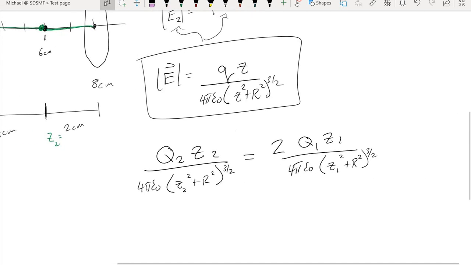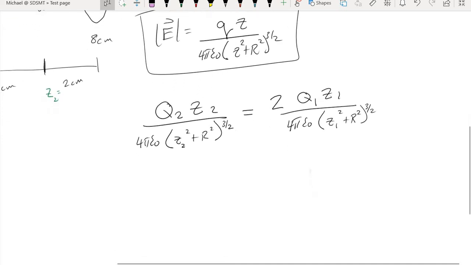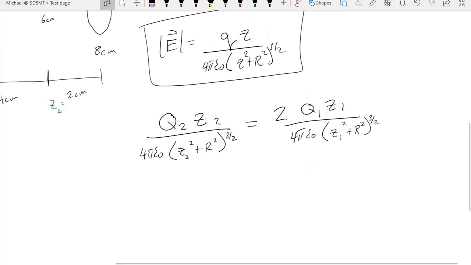Now that we have that, there's a bit of cleanup that can be done. Just like in the previous example, we can see that the K value is common to each set, and so we can eliminate that right now. We don't need the 4 pi epsilons in here.